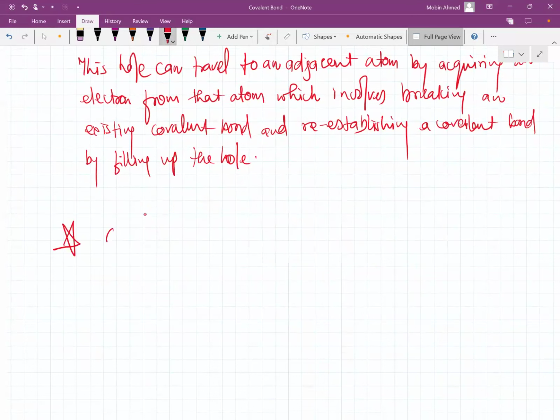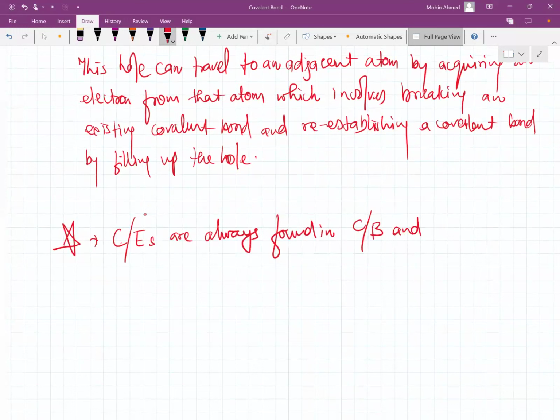One is that conduction electrons are always found in the conduction band and are free to flow in it.